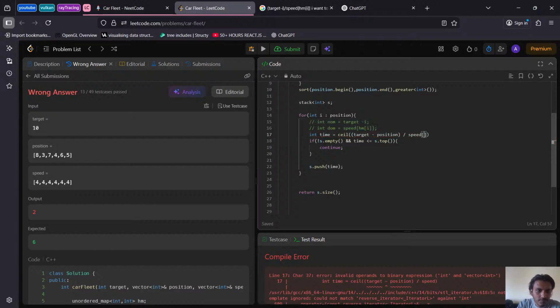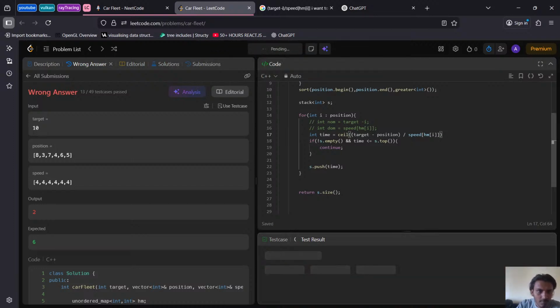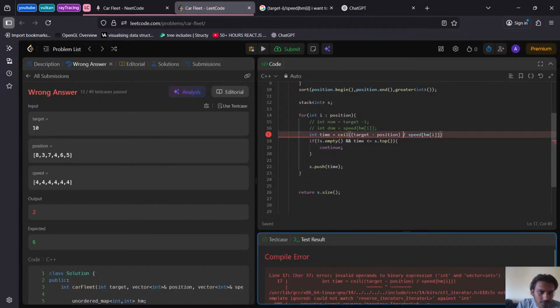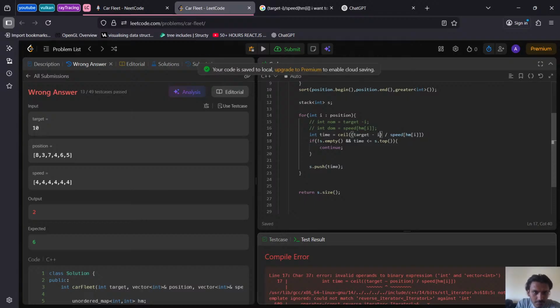Then in the loop, check target minus position. It should be position.